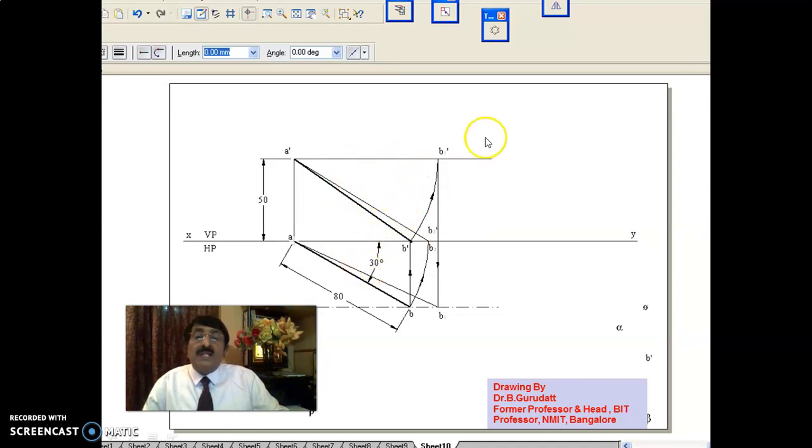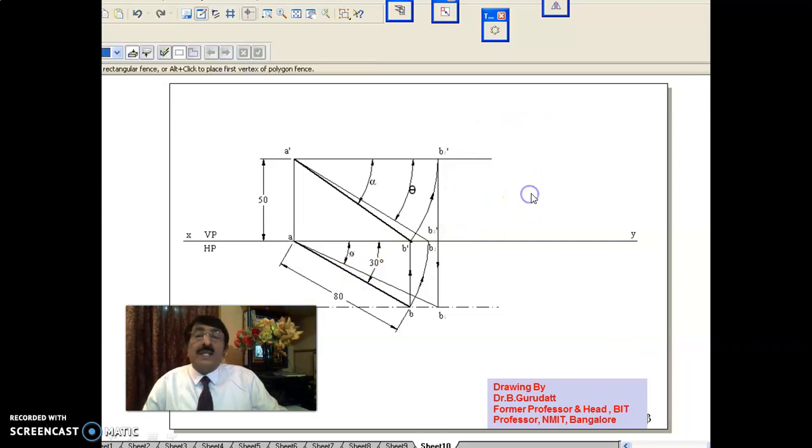You measure these things and list it out, and all the students should get the same answer. This is in fact the 14th problem in the university textbook.